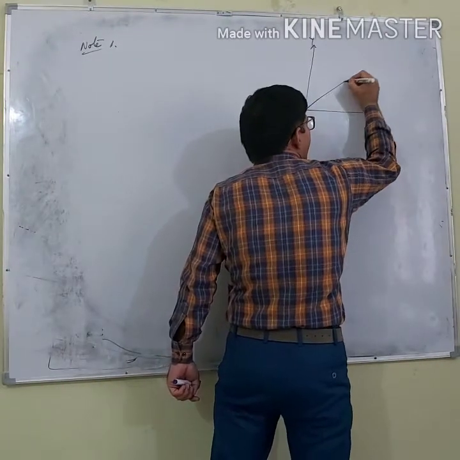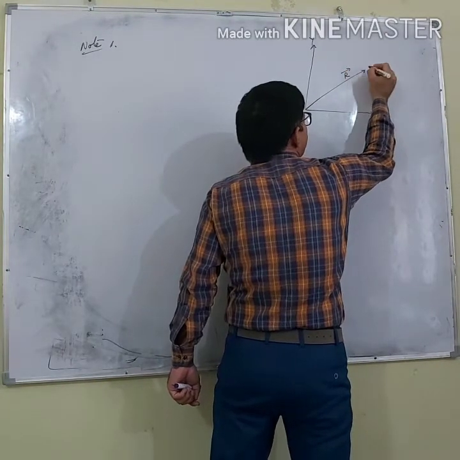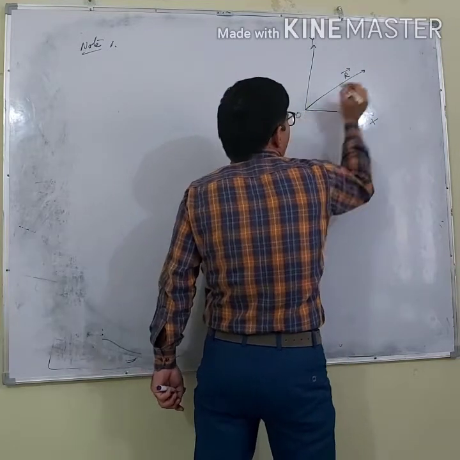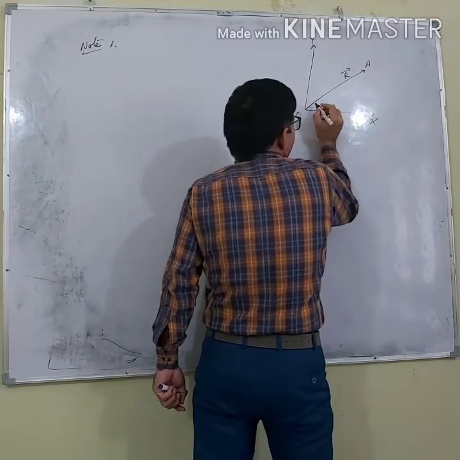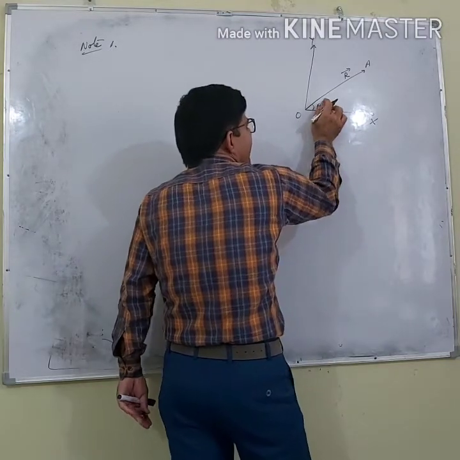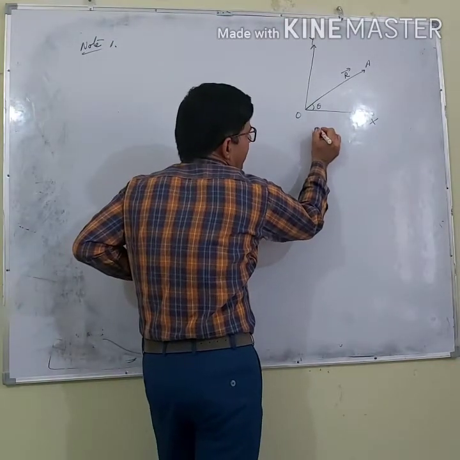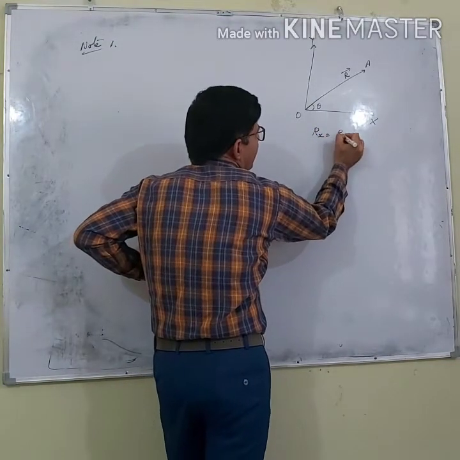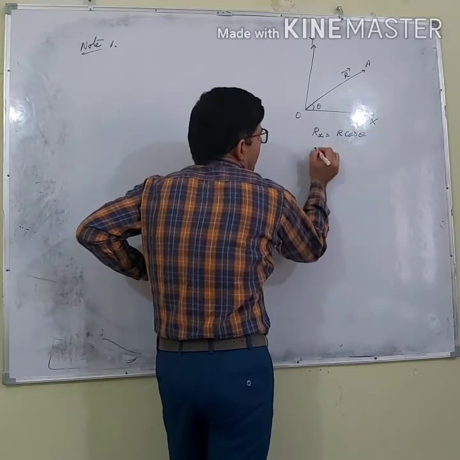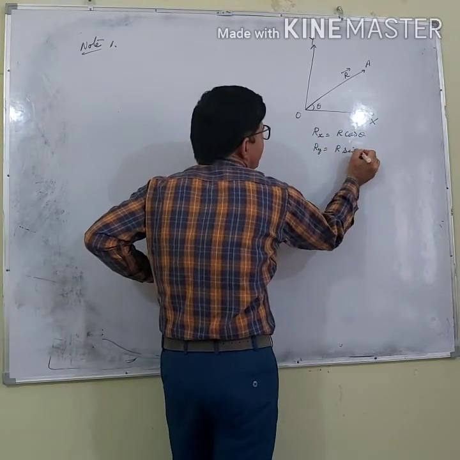Again I am having vector R. Let us say this is O and this point is A. If I say that this angle is theta, and I ask what is Rx, you will say R cos theta. What is Ry? You will say R sin theta.